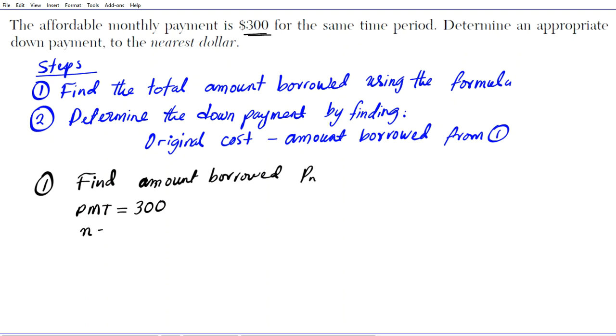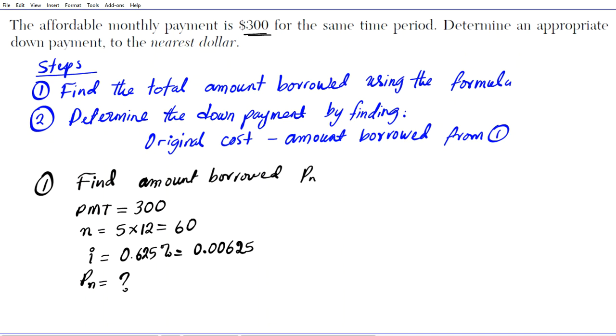The length of time is 5 years times 12, which is 60. Interest rate is still unchanged, 0.625, which is equivalent to 0.00625 in decimal form. P sub n is the amount borrowed. That's what we're looking for.